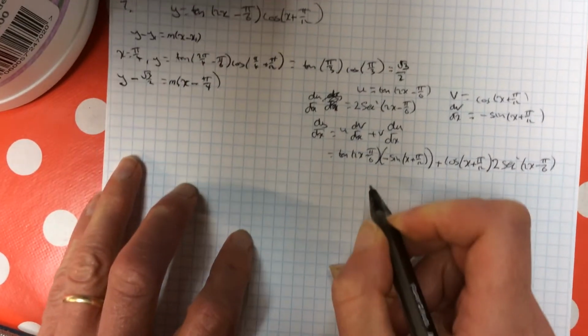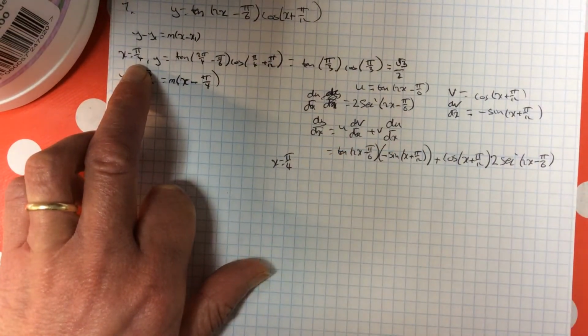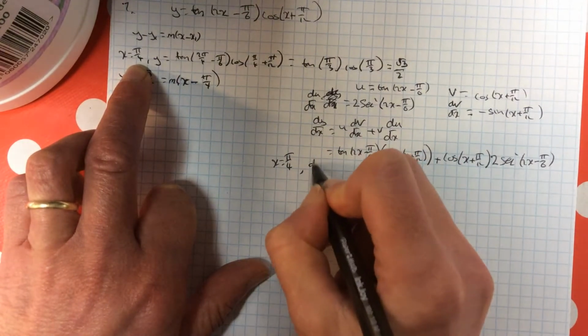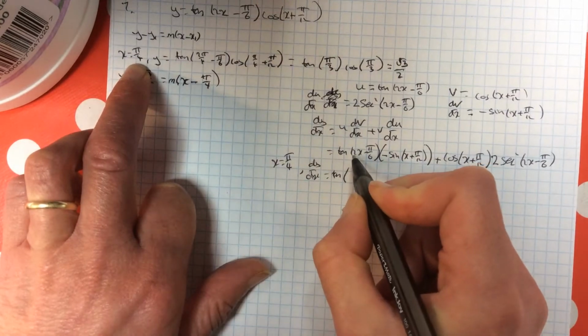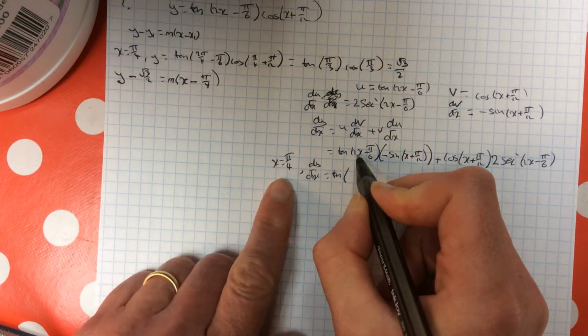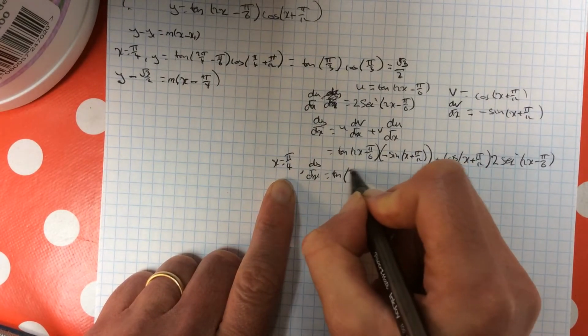We know that x is pi over 4, so we're going to sub that in now. So dy by dx is tan of, 2 times pi over 4 is pi over 2, take away pi over 6 gives me pi over 3.